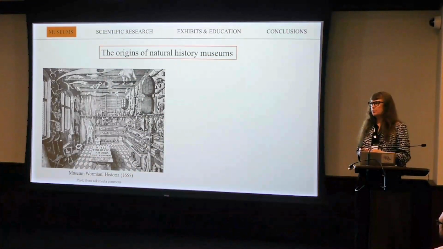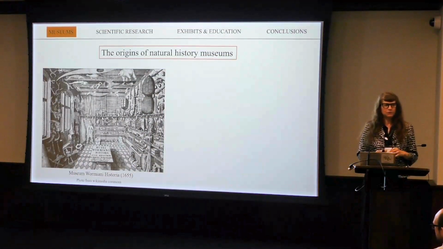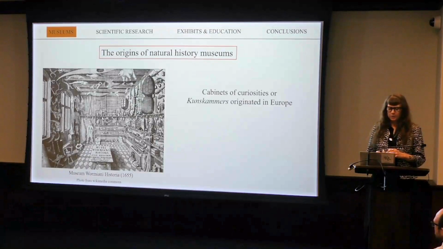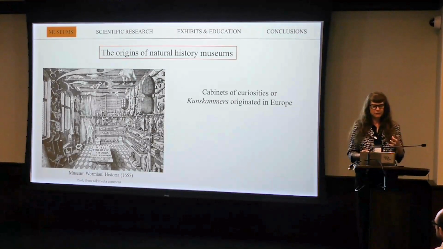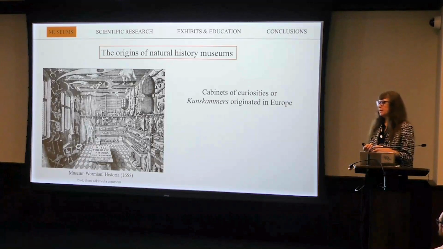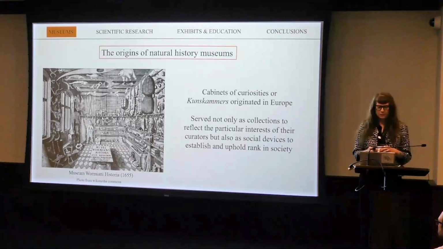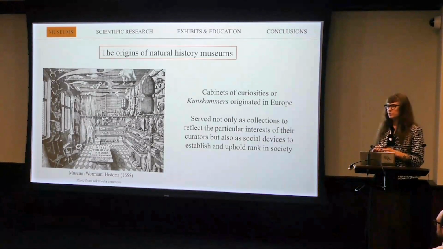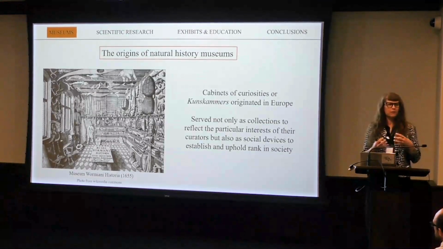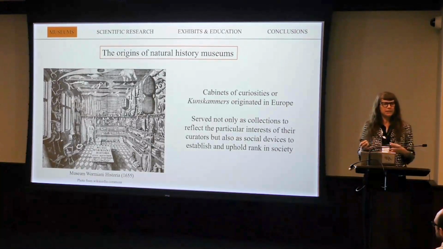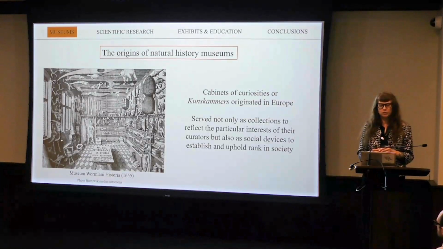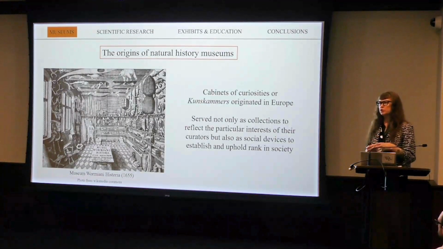So first, I think it's important to talk about what the origins of natural history museums are. They first came about as these cabinets of curiosities, right? These Kunstkammers, and they originated in Europe. These cabinets were rooms that served not only as collections of the artifacts and specimens that a particular quote-unquote curator was interested in, but they were actually used as social devices.